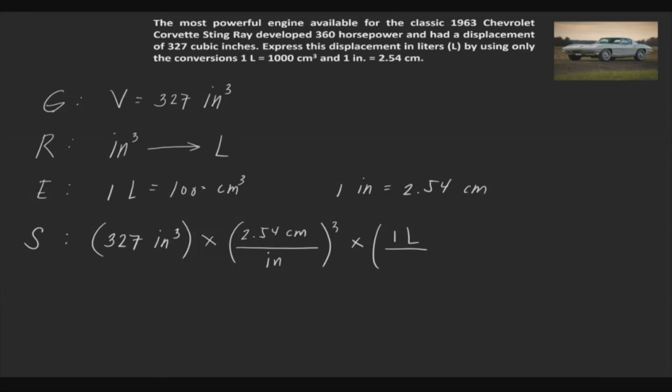Then we multiply the conversion factor for cubic centimeters to liters. For every 1 liter, we have 1000 cubic centimeters. So we have 327 times 2.54 cubed divided by 1 cubed, times 1 divided by 1000. The answer here is 5.36 liters. So for our final answer, we have 5.36 liters.